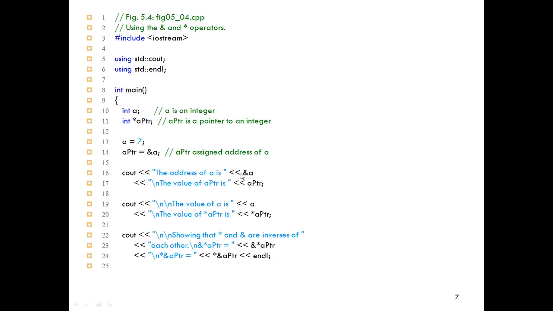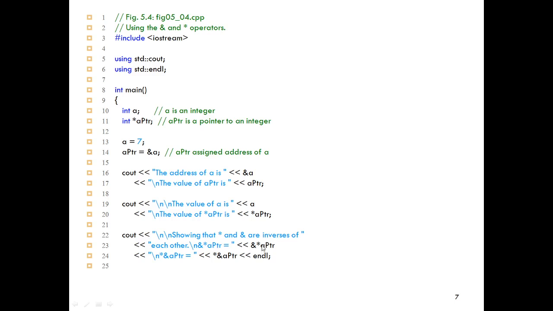And then a is printed out as 7, and if the asterisk is used before the pointer, it means the value the pointer points to, so this is also 7.